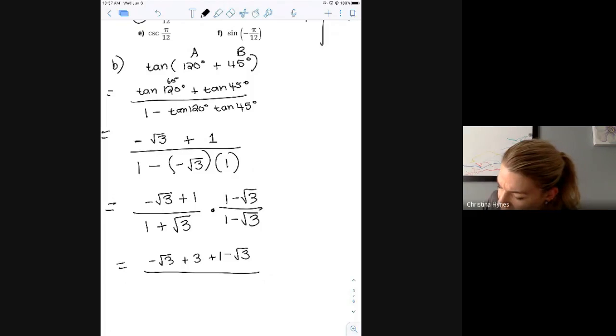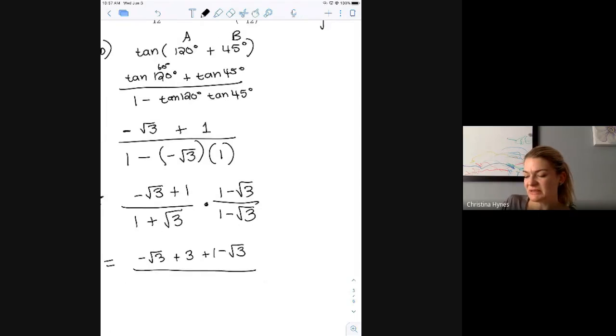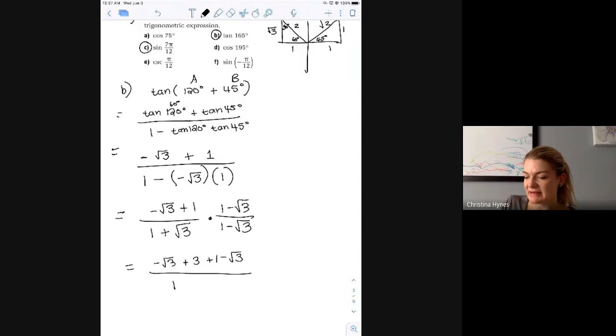Whenever we do FOIL of its conjugate, it's just going to be the first terms multiplied and then your last terms multiplied. So we can summarize it to just be 1 minus 3 at the bottom to save yourself some time. And then we're going to have 4 minus 2 root 3 over negative 2. The only thing I like to do is divide all the coefficients by negative 2. So that's going to be negative 2 plus root 3 as the final answer.